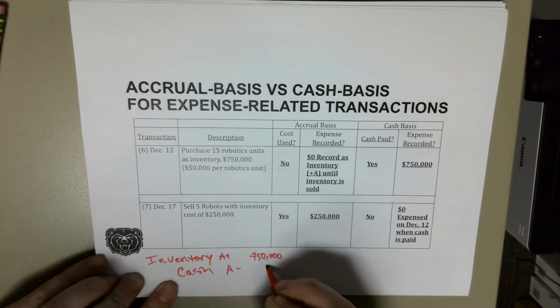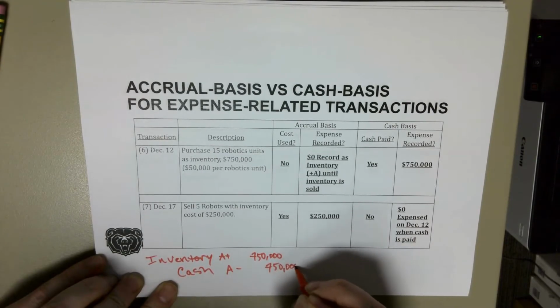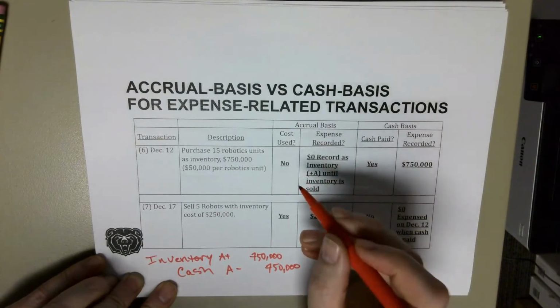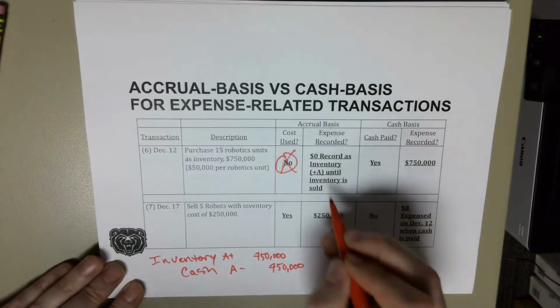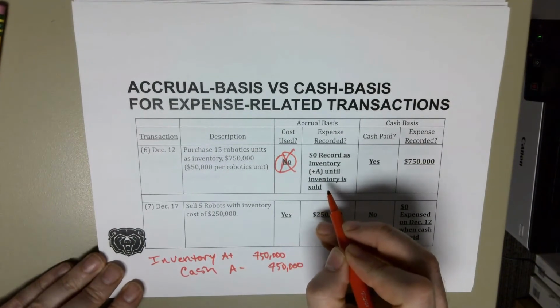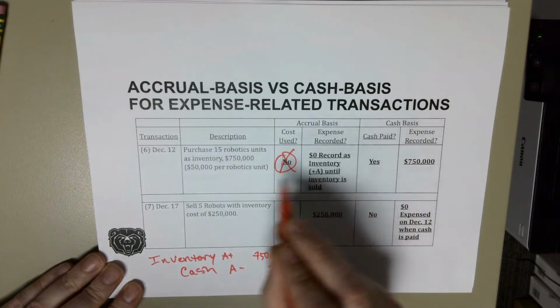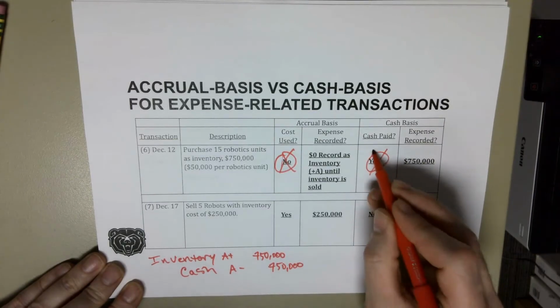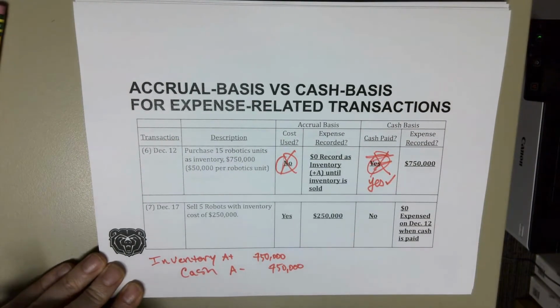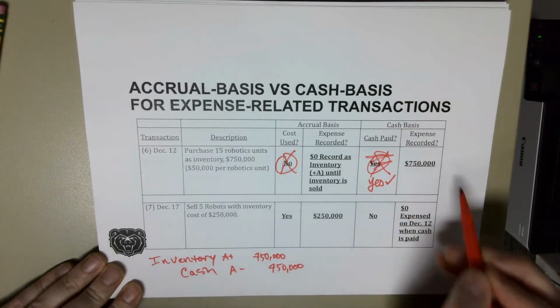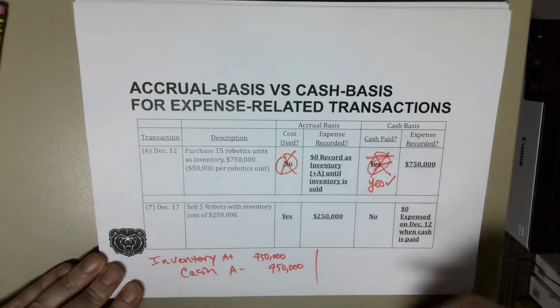We're going to decrease cash for $750,000, okay? So was a cost used? Have we used any of this inventory yet? No, not yet. So we're not going to record an expense yet. However, did we pay cash? Yes, we did pay cash. Whoops, sorry, that's a yes with a check mark. So yes, we paid cash. So under cash basis accounting, we're going to record that expense at $750,000, right?